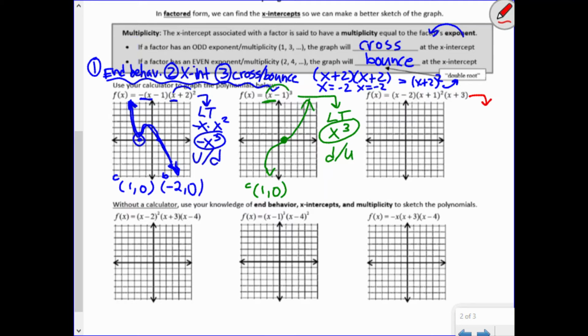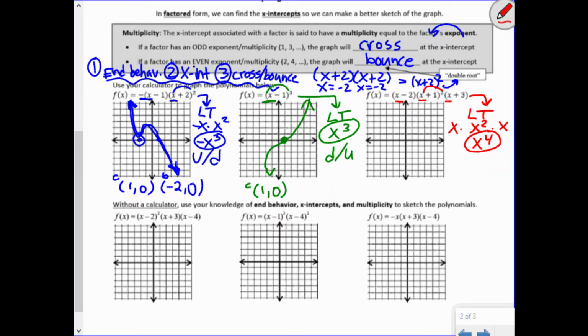Alright, for our next one, first thing you want to do is find that leading term. How do I do that in this scenario? Multiply all the x's, so feel free to go ahead and underline them. Connect any powers if there are any, connect any coefficients if there are any. So I'm going to multiply x times x squared times, okay, so all of that would be my leading term.